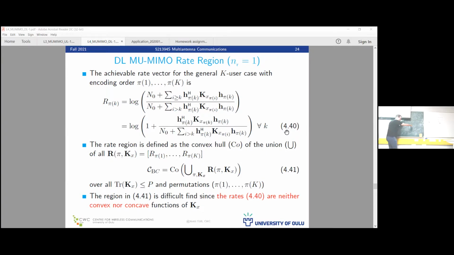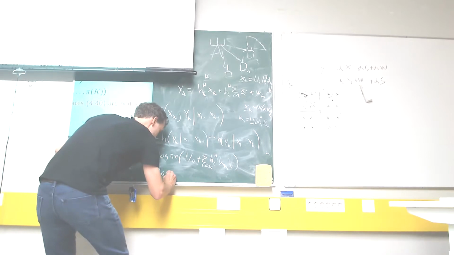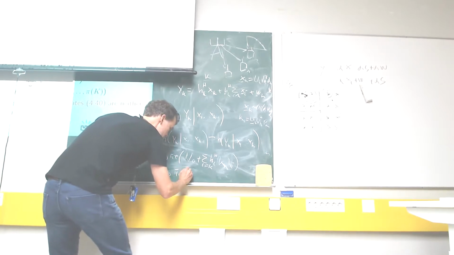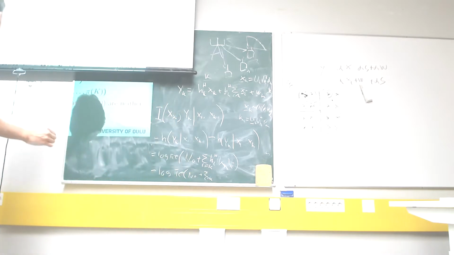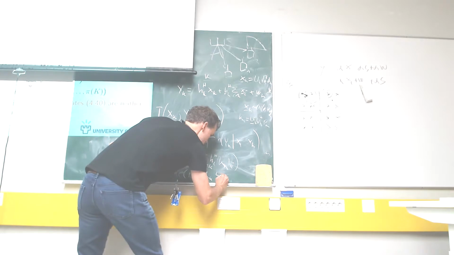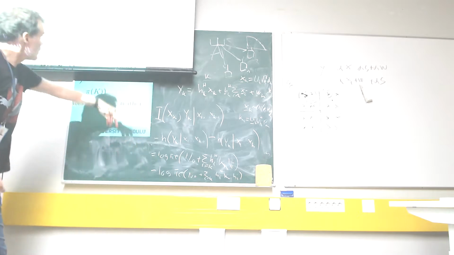Okay, so now when we plug in here, we just consider this transmit covariance matrix. So this is the differential entropy of this term minus differential entropy of the other term, which is n0 plus the sum over i larger than k of hi Kxi hi Hermitian. Right? So it's this one here, right?